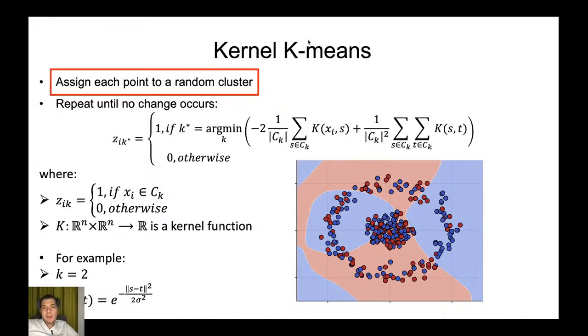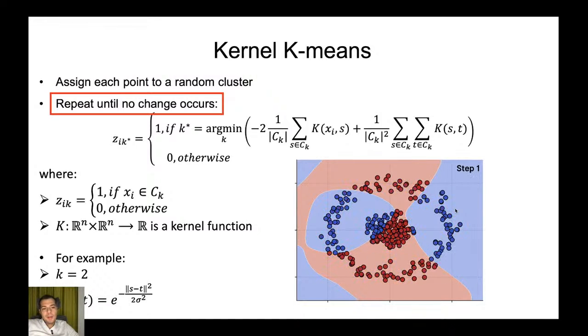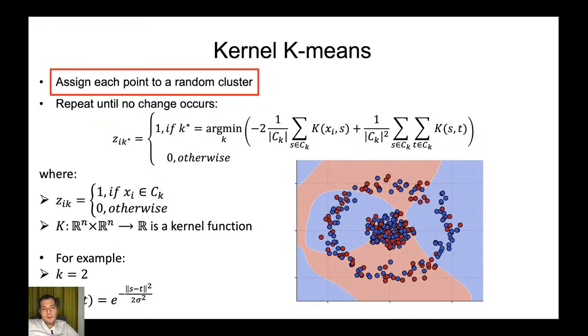And if we use a kernel function that is nonlinear, such as the RBF kernel function, we can obtain nonlinear solutions. So for this example, if we apply kernel k-means, we can do a random initialization of the data points, and the clustering boundaries will look something like this. So at first the data points are not assigned to clusters, so you just assign the points to a random cluster.